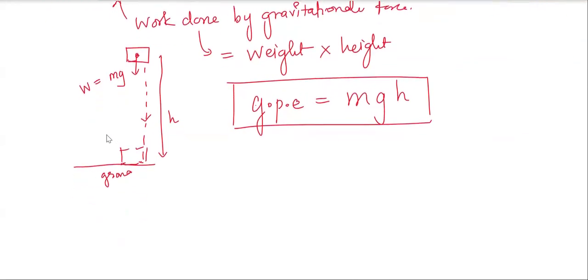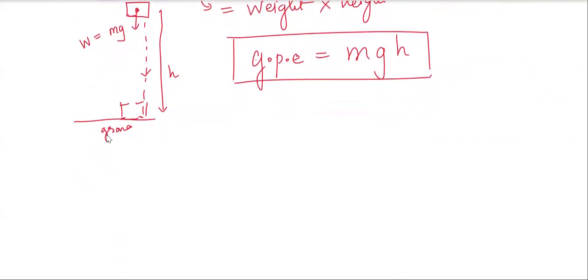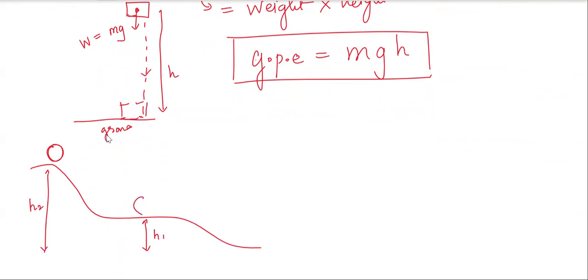Now an important thing is, what if this is a hill road and a ball is about to roll down this hill and there is some height h2 here and some height h1 here, and this object will come from this height to this height.